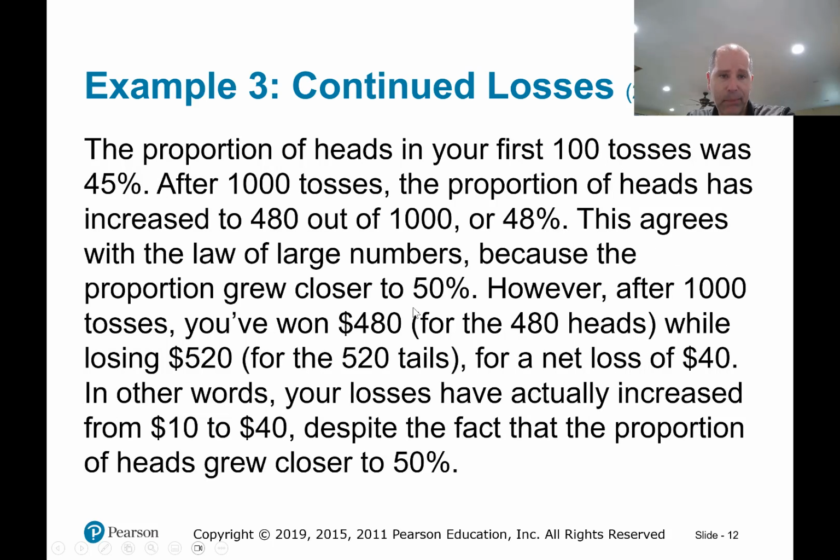Okay, that's the gambler's fallacy. So even though you got closer to the theoretical probability of 0.48, you were still down more than you started. You were down $10 and now you're down $40.